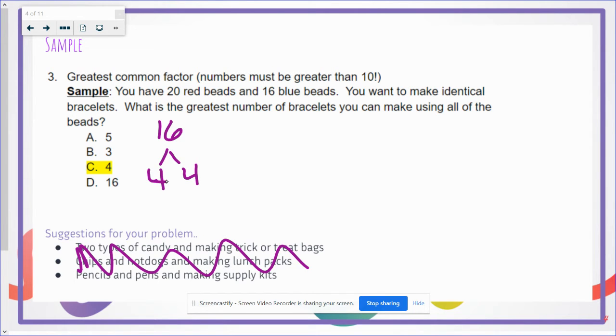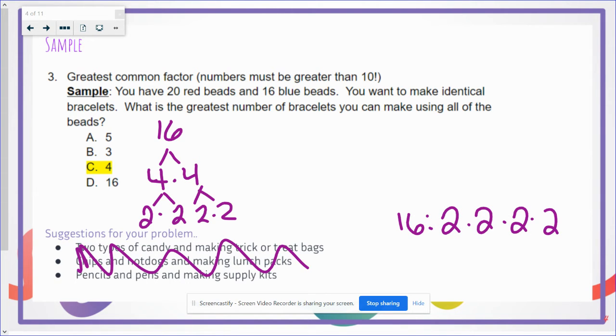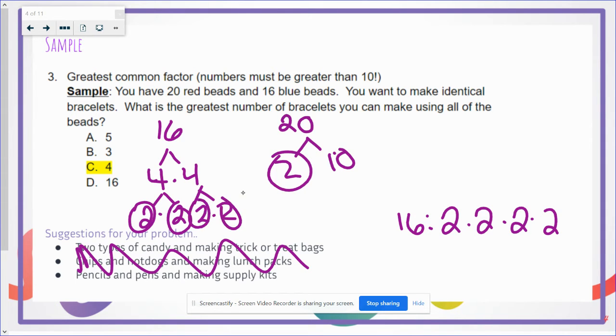16 breaks down into 4 times 4, and each of those breaks down into 2 times 2. So 16 is 4 2s. 20 breaks down into 2 times 10. 2 gets a circle, and I'm sorry, I forgot to circle all these 2s as well. And then 10 breaks down into 2 times 5.